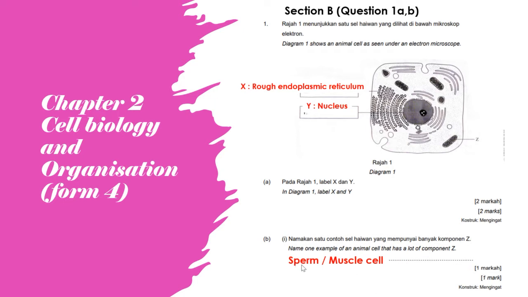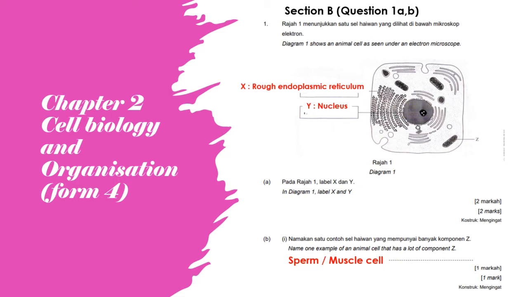You can write either sperm or muscle cell. Sperm have a lot of mitochondria to generate energy for swimming to the ovum. Muscle cell needs a lot of mitochondria to generate energy for movement.